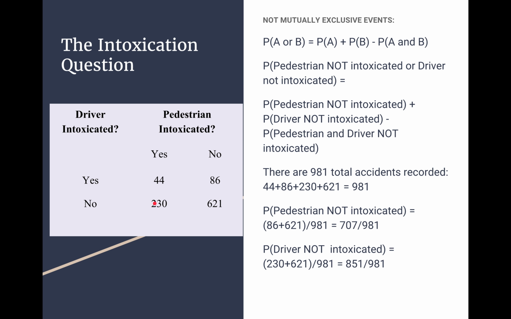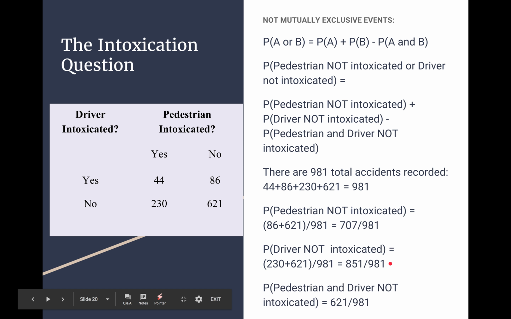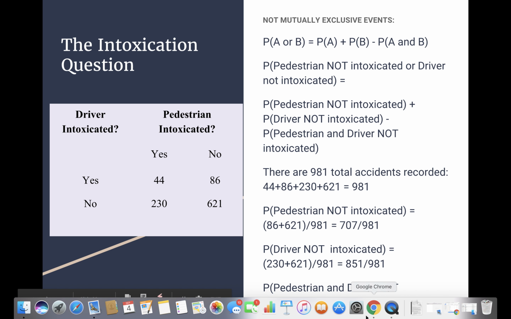So I've got 230 plus 621 over 981, which will end up being 851 over 981. Now I have to look at the probability the pedestrian and the driver were not intoxicated, which is 621 over 981.